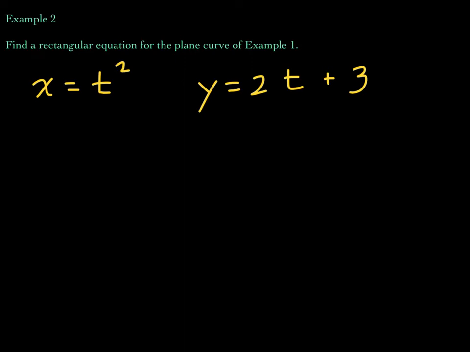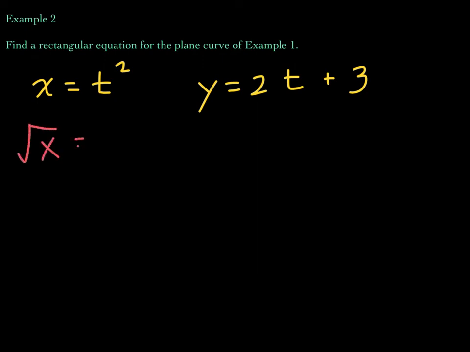So this is the thought process. We want to eliminate the parameter t. So you want to choose one of these equations to solve for t. Now, it's recommended that you solve this equation for t as opposed to this equation. Because if you solve this equation for t, you end up taking the square root of both sides.